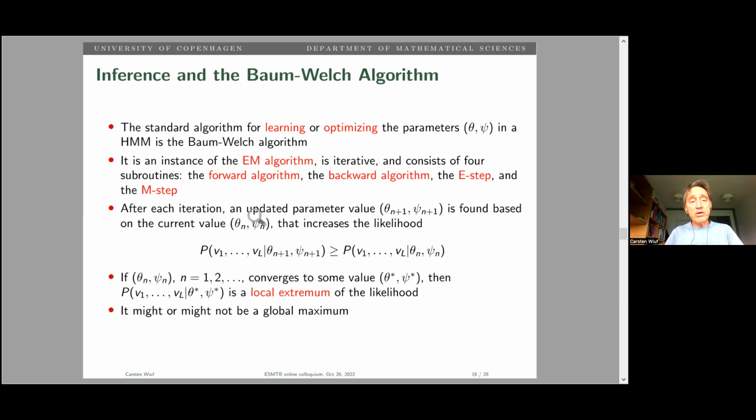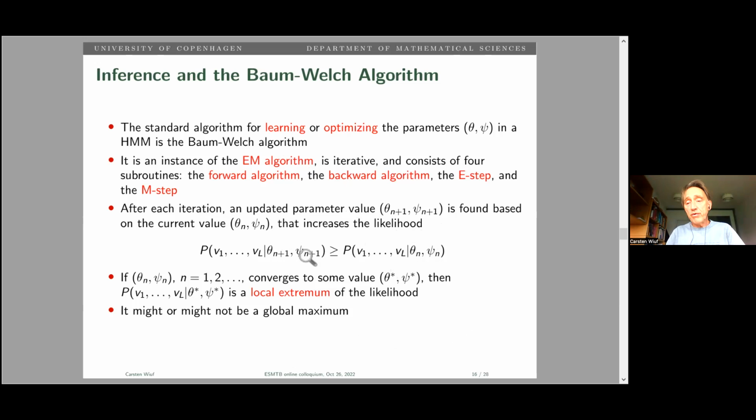But what is important is that at each iteration, an updated parameter value, here called theta n plus 1, psi n plus 1, is found based on the current value, theta n, psi n, that increases the likelihood. So we are at some point in space. We go through one iteration of the EM algorithm and we find a new set of parameters.